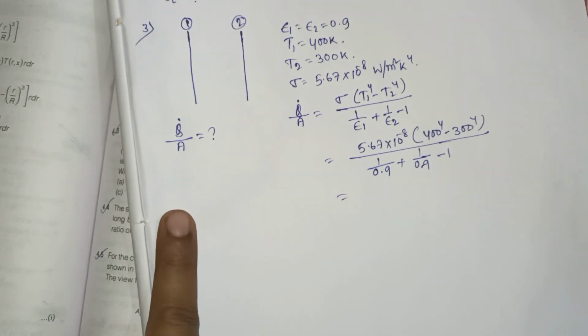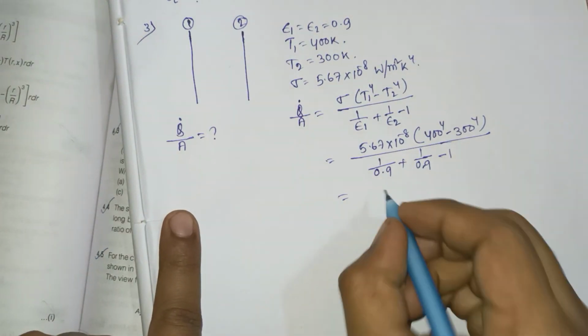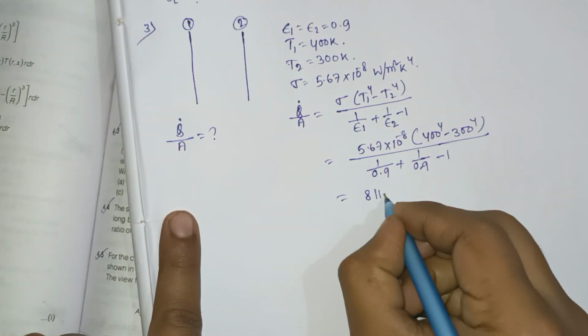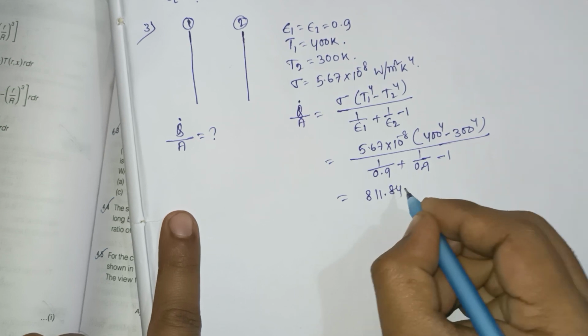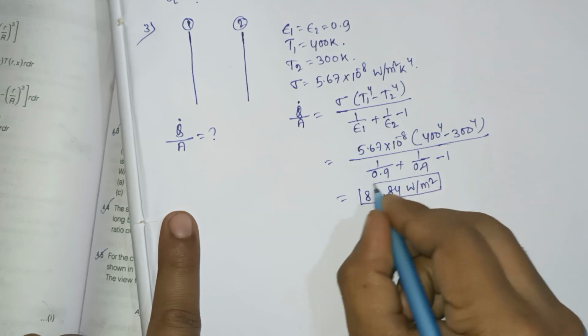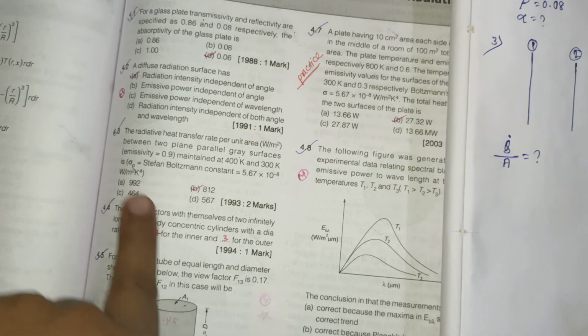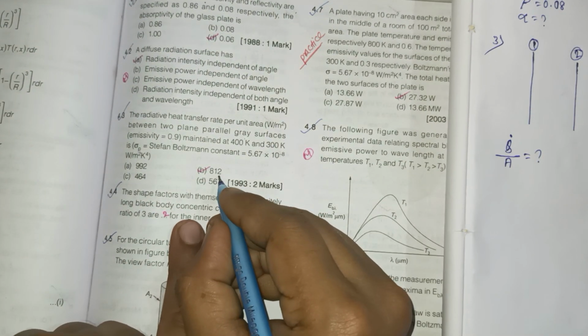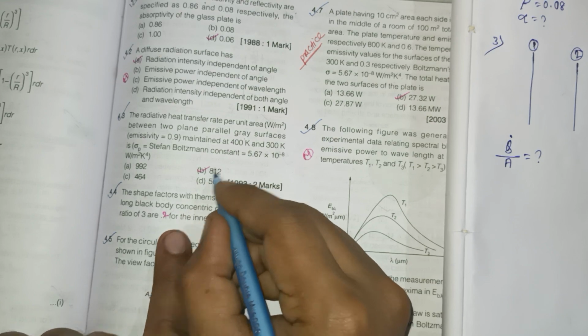From here you get 811.84 watt per meter square. So the correct answer is 812, option B.